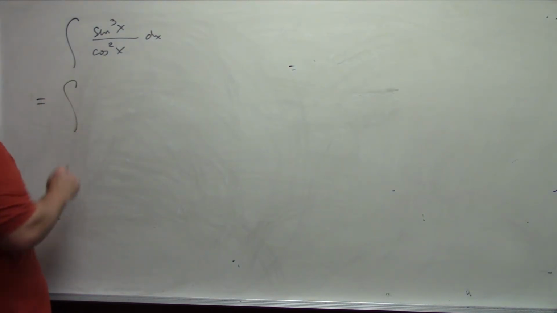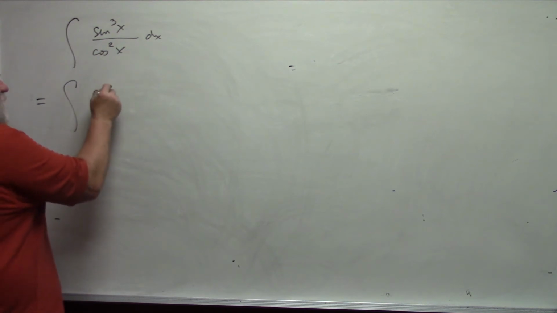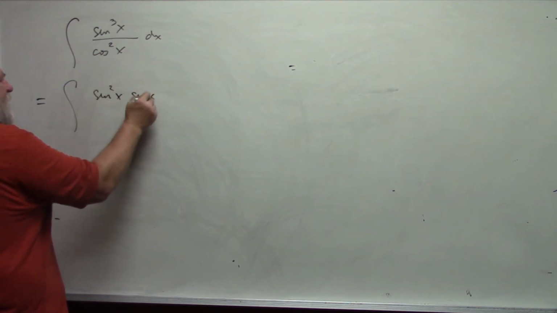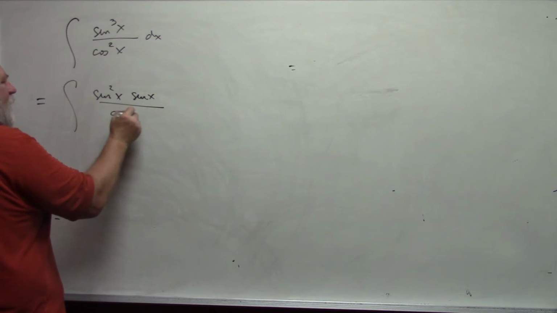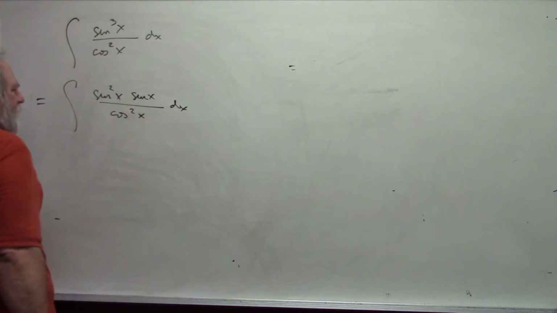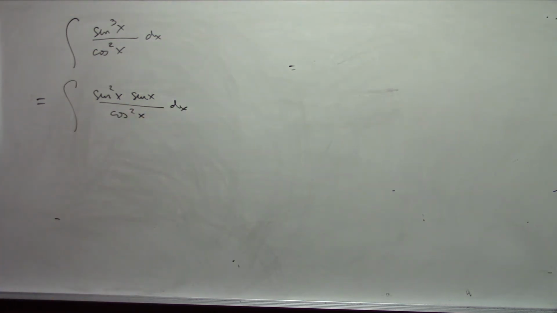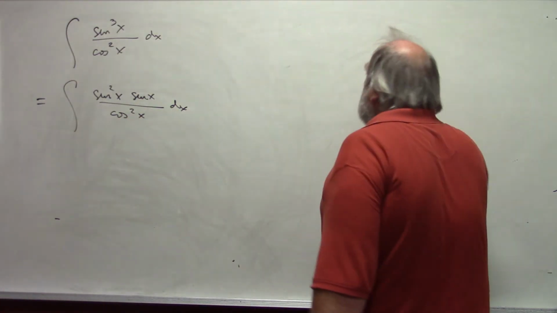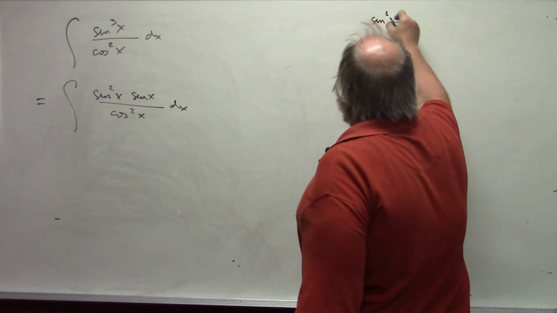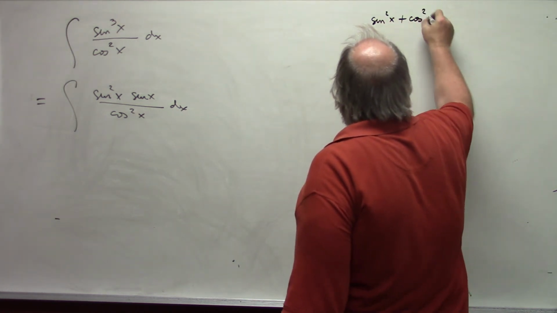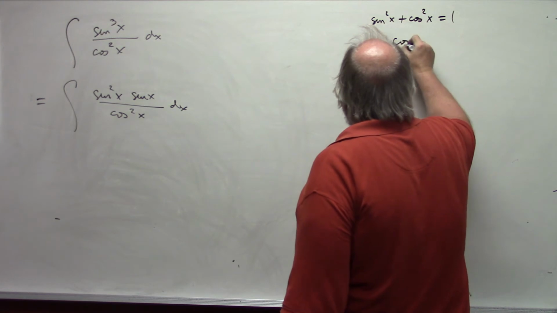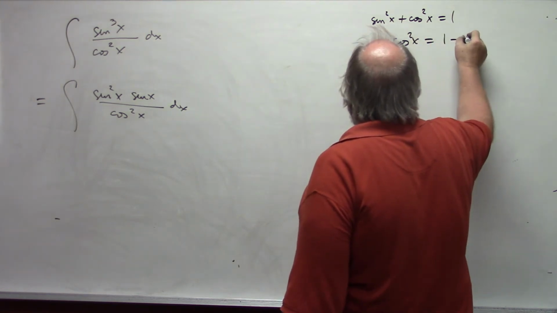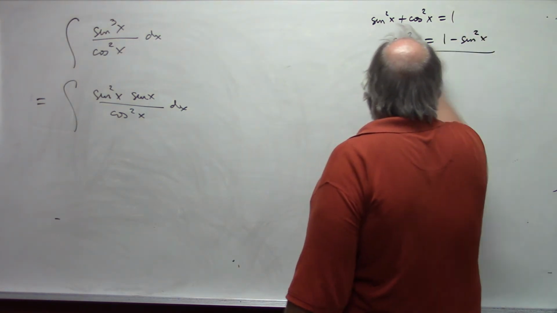I'm going to write this as sine squared of x times sine of x over cosine squared of x. The reason being, I have, again, another trig identity. Remember, sine squared of x plus cosine squared of x is equal to 1, so therefore cosine squared of x is 1 minus sine squared of x.